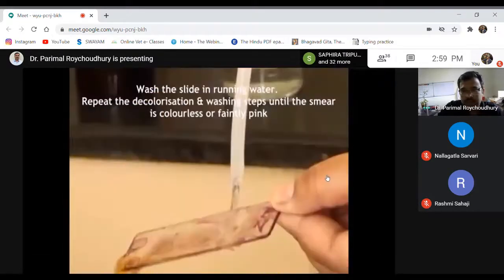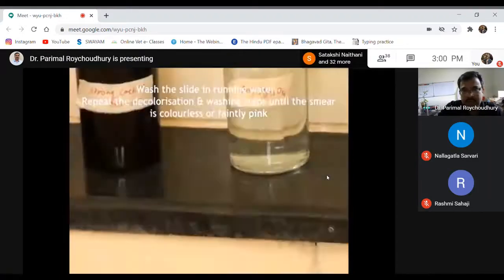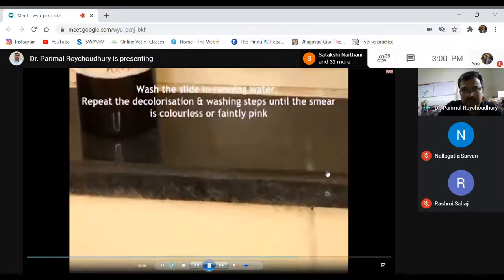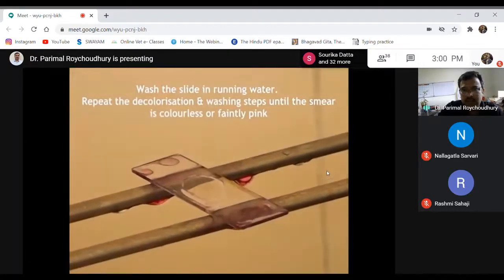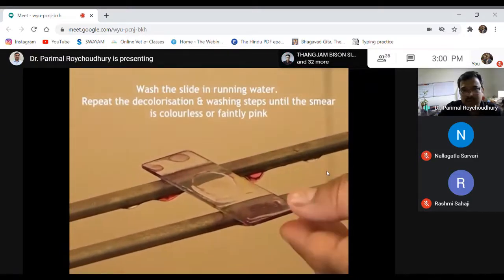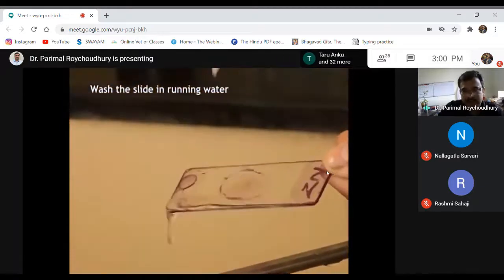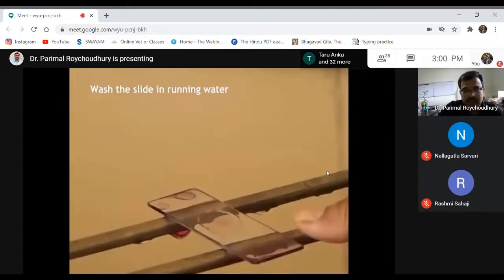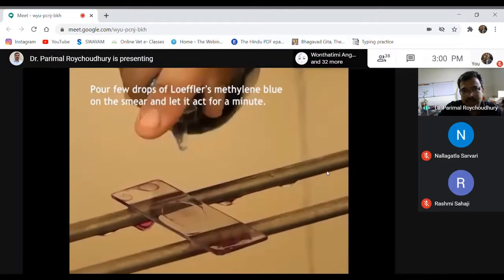After decolorization, we wash it in tap water. Here the timing is not that crucial, because once the bacteria take the color, acid fast bacteria will never get decolorized by acid alcohol, but all other non-acid fast bacteria will readily become decolorized.